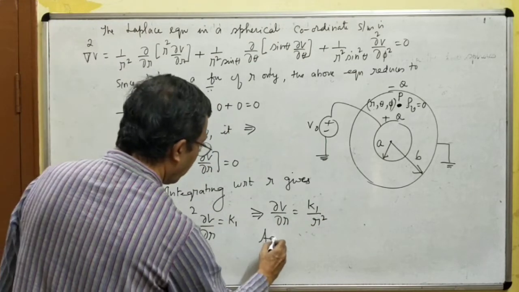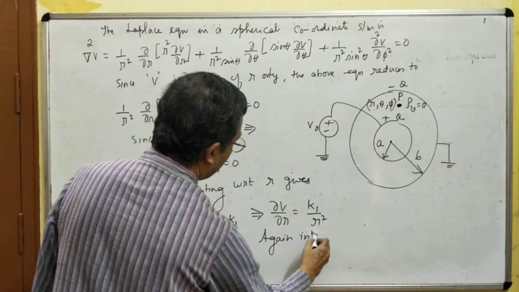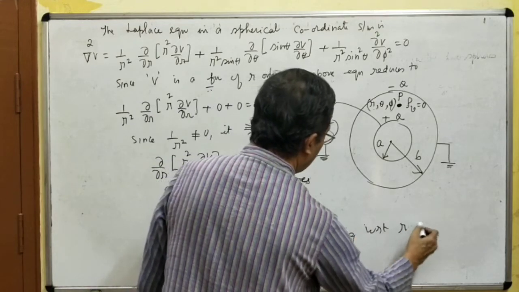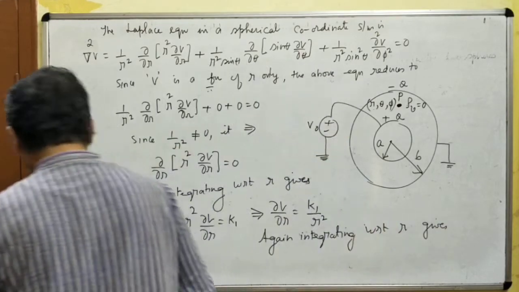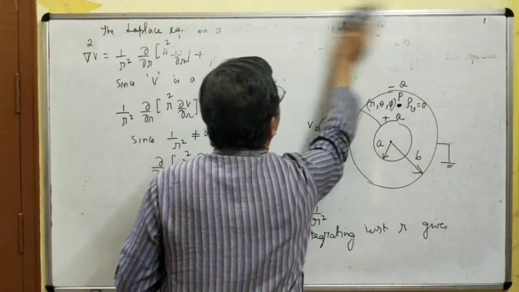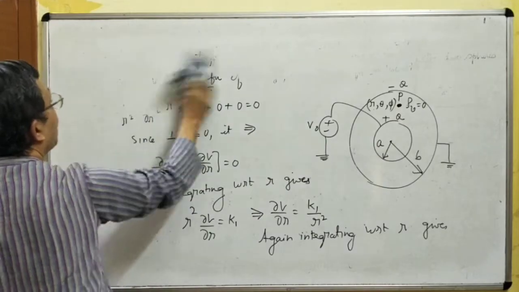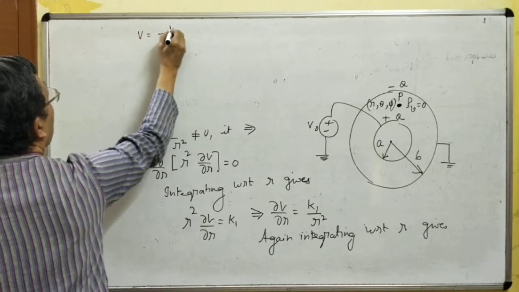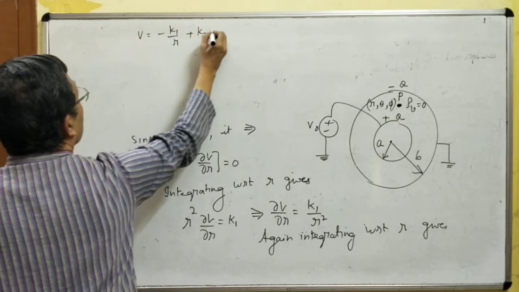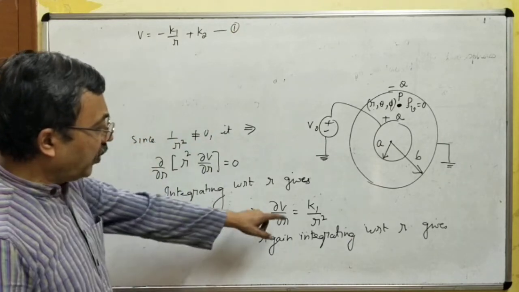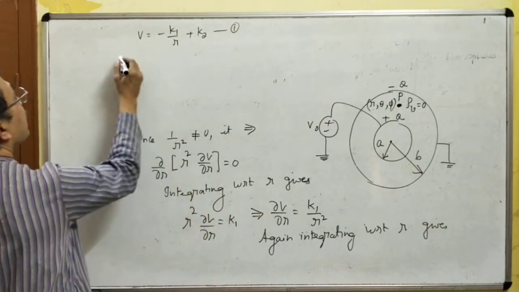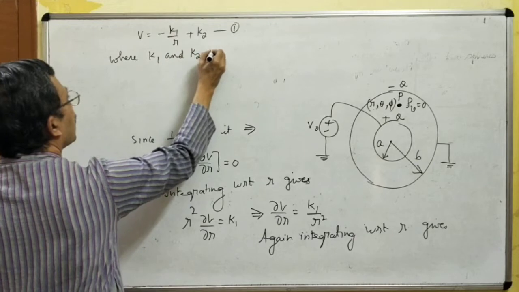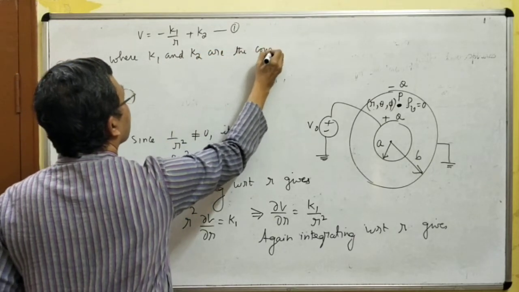Again integrating with respect to R gives V is equal to minus K1 by R plus K2, equation 1. 1 by R square, if you integrate, you get minus 1 by R, where K1 and K2 are the constants of integration.